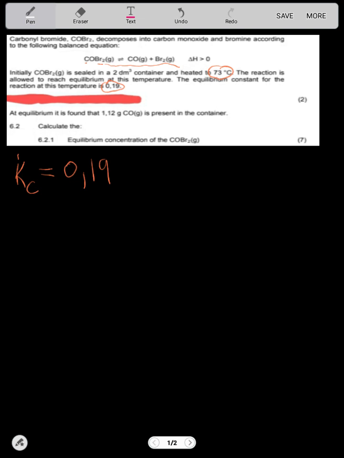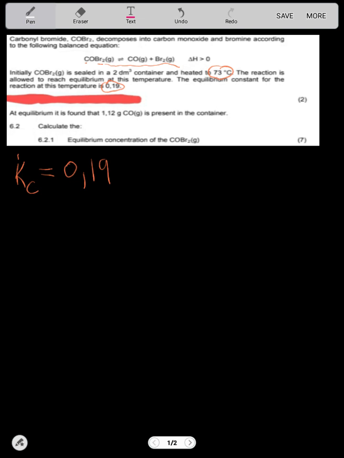So we want to make sure that everything is converted into number of moles, same as what we used to do in stoichiometric calculations. We convert everything first into number of moles and then use that to determine the concentration, or the percentage yield, depending on the type of question given. So in this case, we're going to apply the same grade 11 content but into the Kc expression.